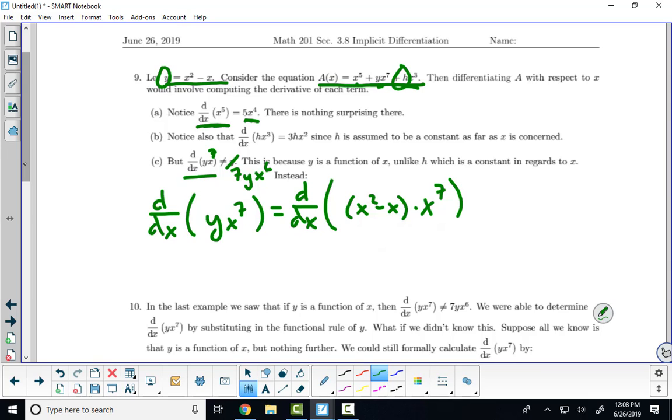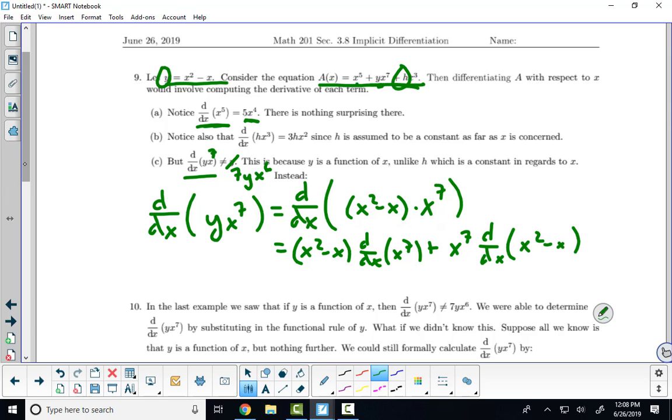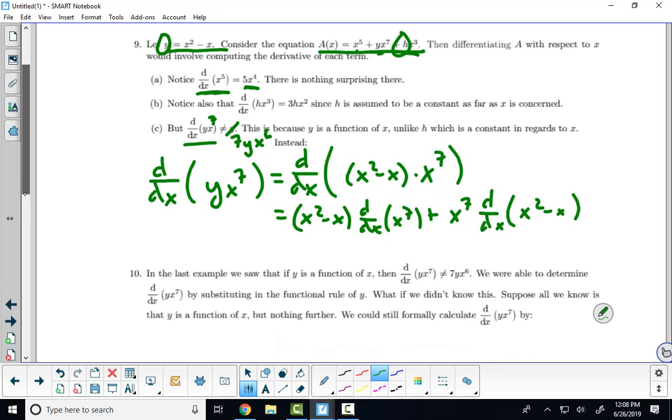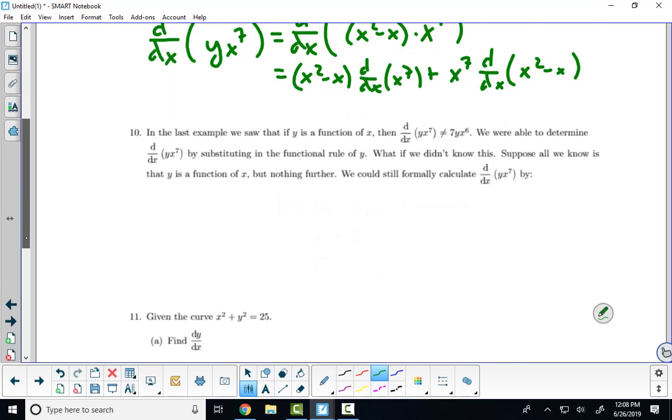So when we take its derivative, here's the first times the derivative of the second plus the second times the derivative of the first. Which gives us x squared minus x times 7x to the 6th plus x to the 7th times 2x minus 1.